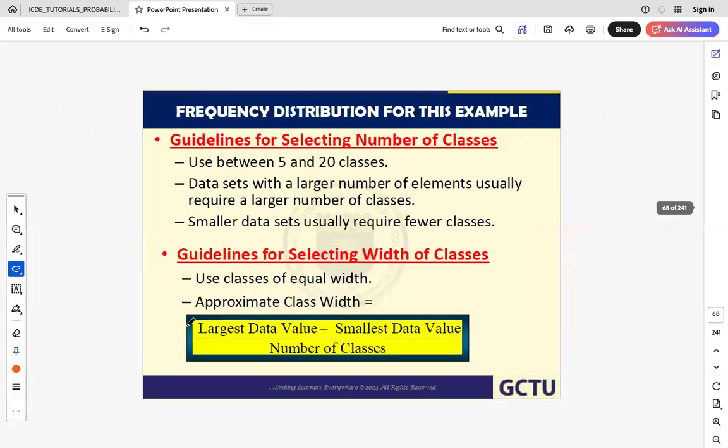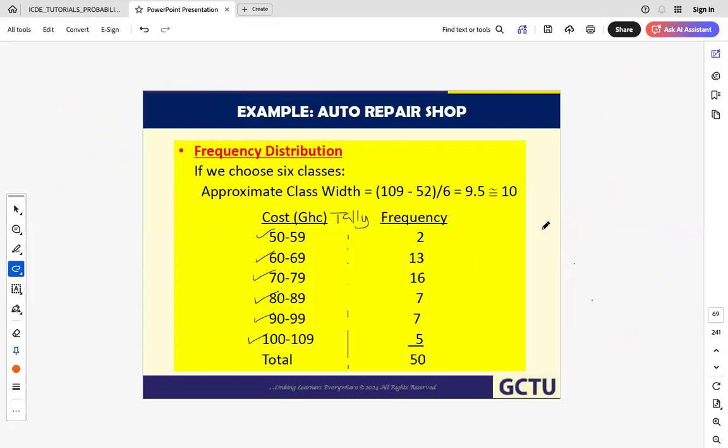These were the frequencies we had. So the first one we had 2 out of 50, plus the next one 13 out of 50, plus the next one 16 out of 50, plus the next one 7 out of 50, plus the next one again 7 out of 50, plus the last one 5 out of 50.